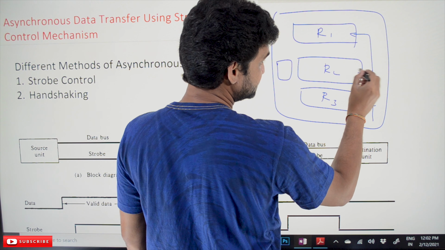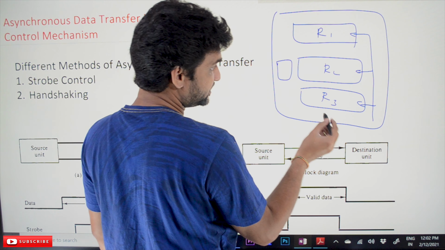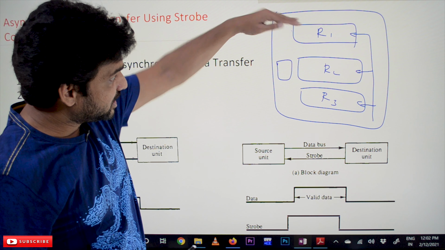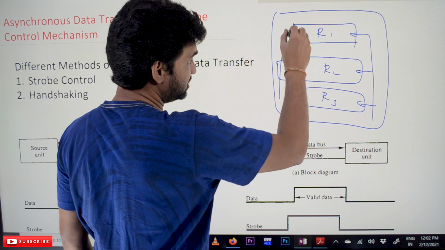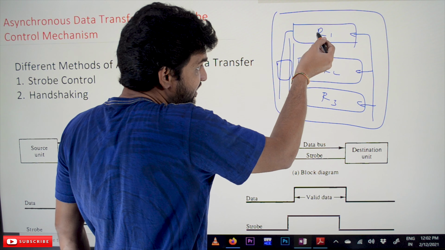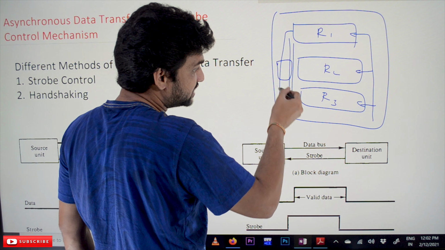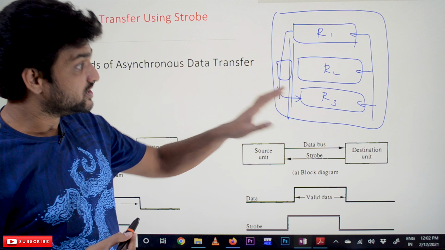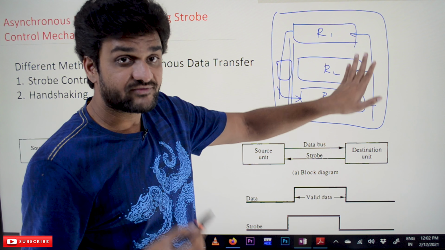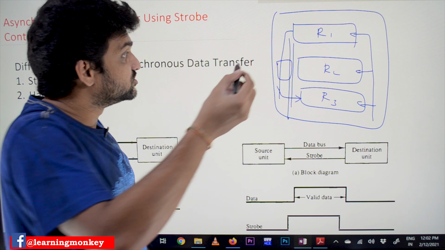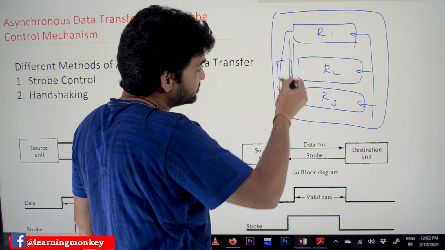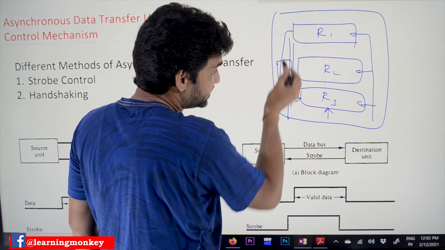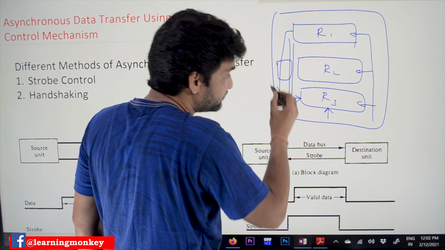So if you want to transfer the content of R1, which is connected to the bus, to R3, then whenever the clock is on the rising edge, only then will the transfer happen. Only then will the register load get activated and the content of R1 get transferred.